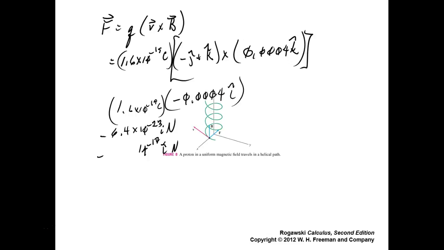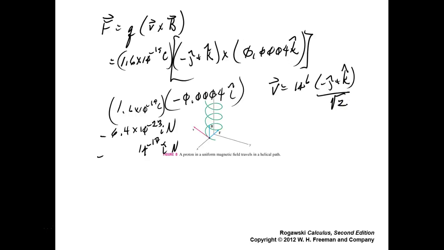And since v has a magnitude of 10 to the 6th, here's how they do it. V is equal to 10 to the 6th times minus j plus k over the square root of 2.